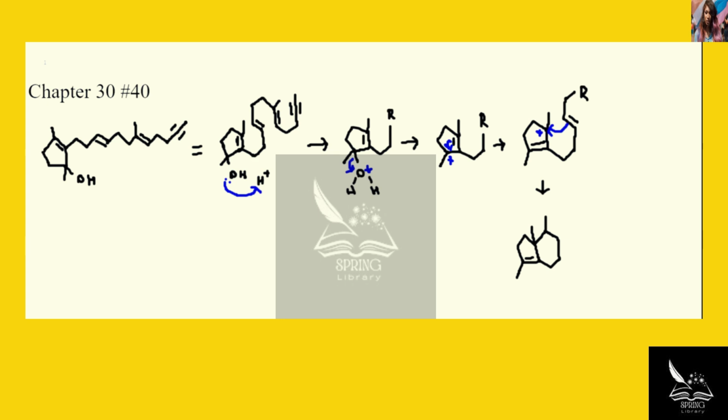And we can draw some of the rest of this molecule in now. We'll just put the R group there. And of course, we have a carbocation on this carbon now. And so just as in the previous step where we had the electrons of a double bond attacking a carbocation, these electrons can now attack that carbocation.